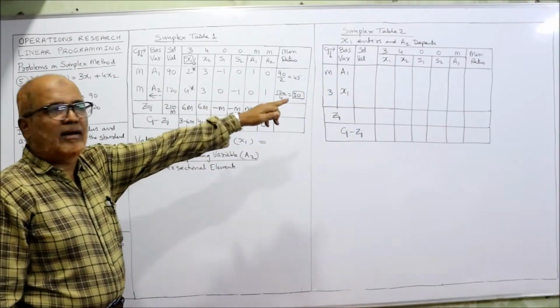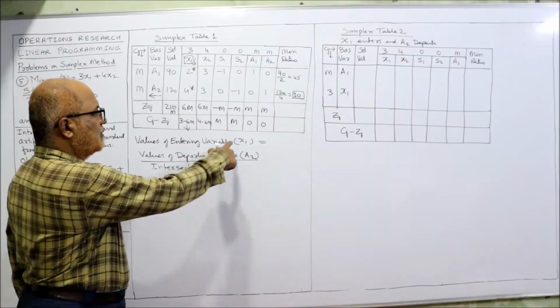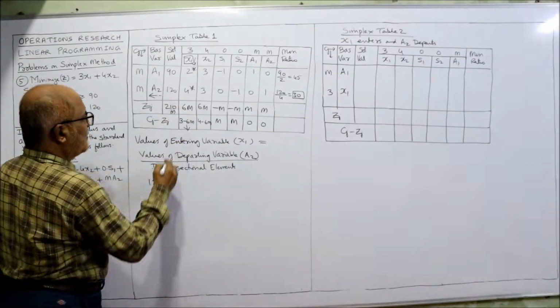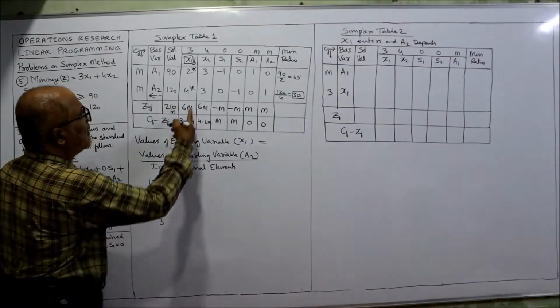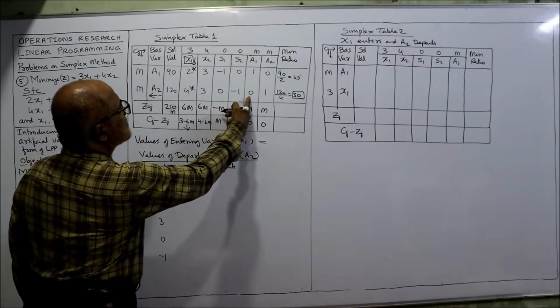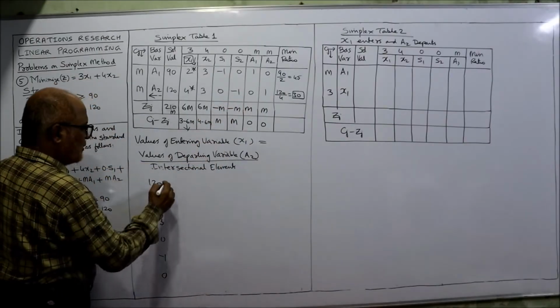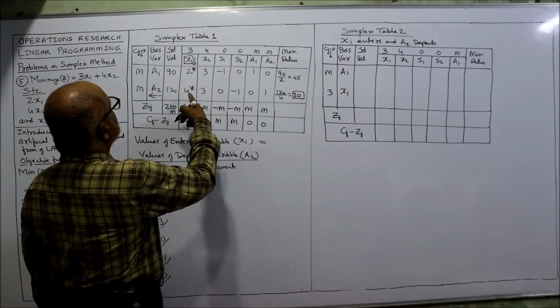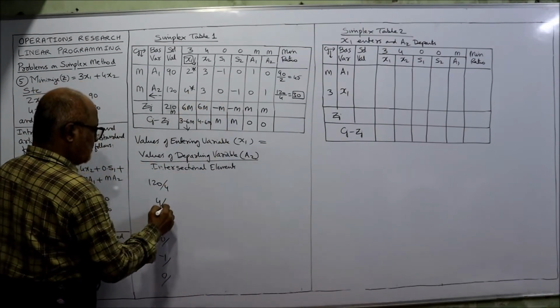Now we need to calculate the values of x1. The A2 values are 120, then 4, then 3, 0, minus 1 and 0. These values are divided by the intersectional element. The intersectional element is 4.